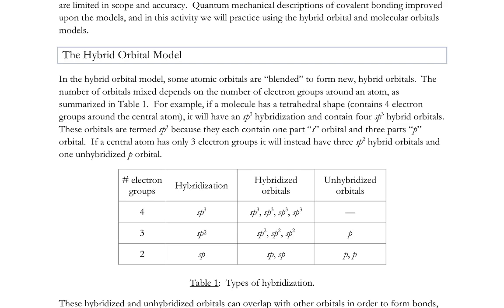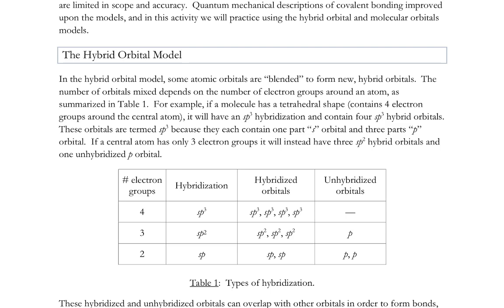When they hybridize, we call those 4 hybrid orbitals sp3 hybrid orbitals. So when we have the number of electron groups being 4, we have 4 sp3 hybrid orbitals about that atom.